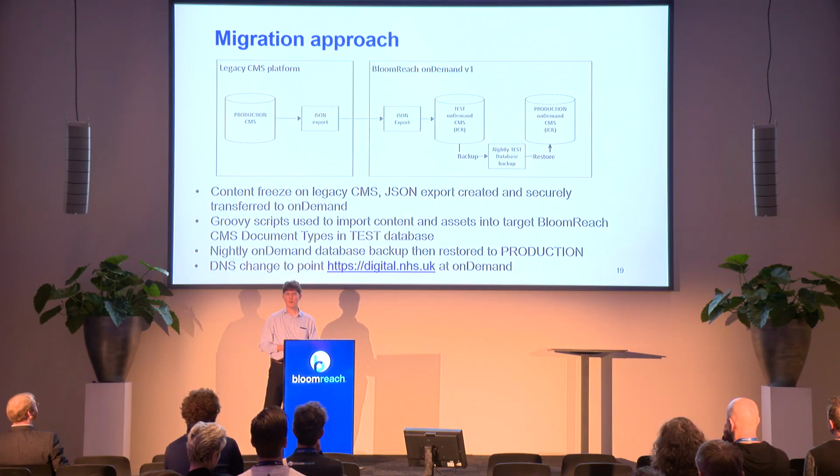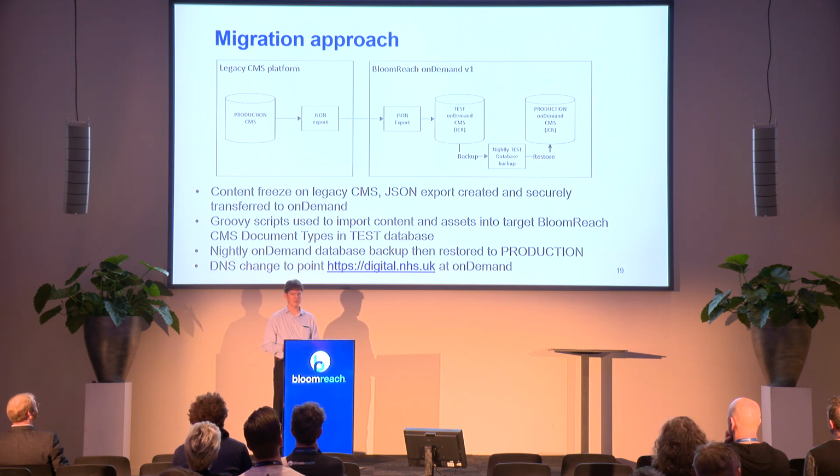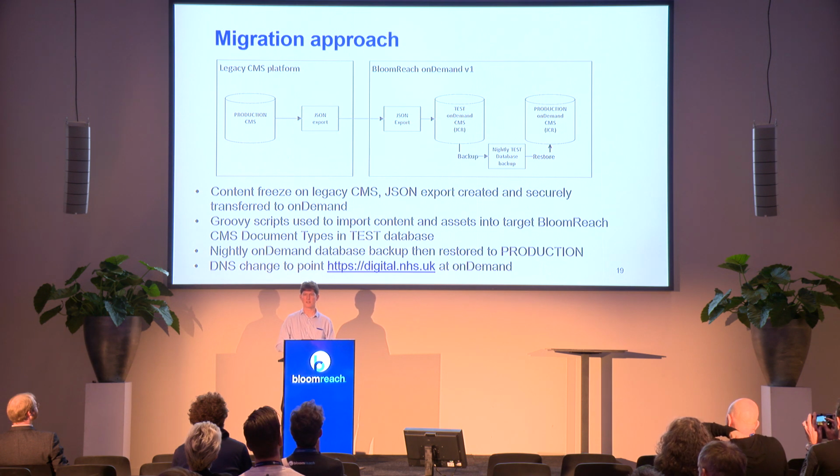Okay, how do we perform the migration? We started off with a legacy CMS. The supplier exported all of the content, binaries, etc., to JSON and securely transferred it over to us. We then had Groovy scripts to poke the content into the CMS.